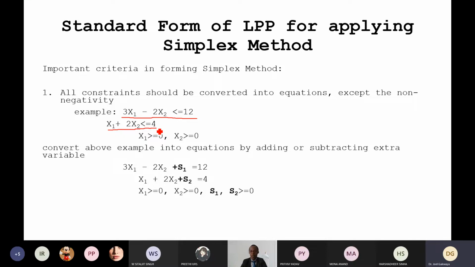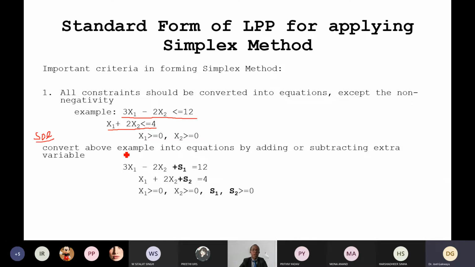And we have the non-negativity constraints, which are x1 greater than 0, x2 greater than 0. So this is like a starting solution. You can write here as a solution.